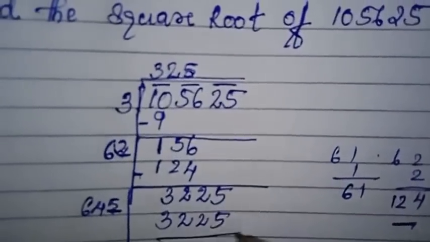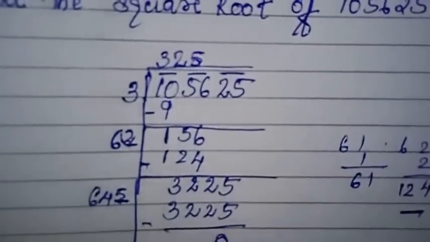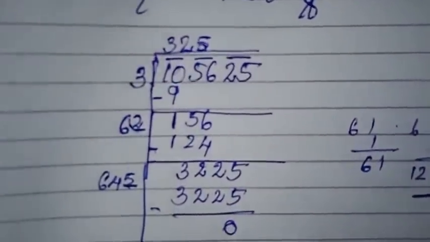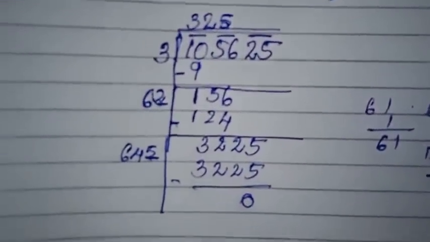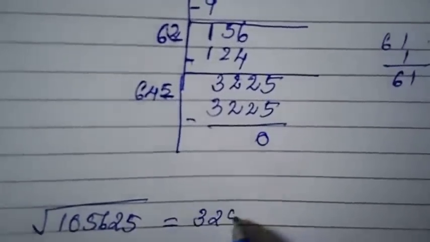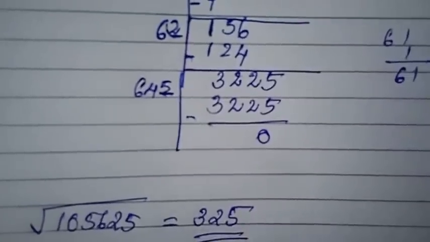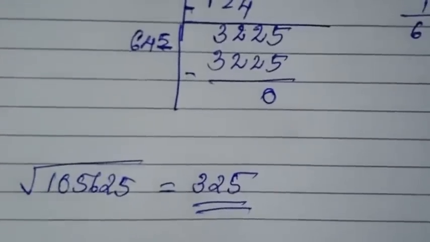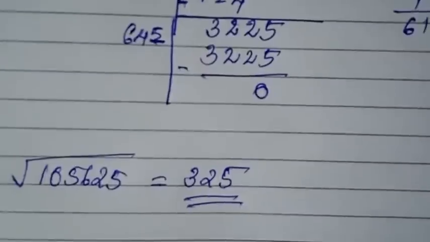Subtract this number and we get 0. So the square root of this number is 325. Understood? So children, do well and practice. Thank you.